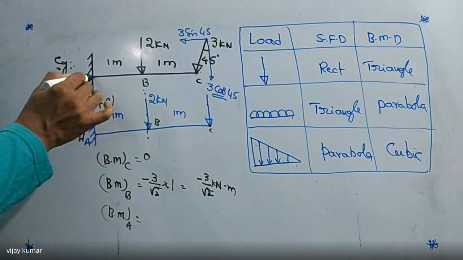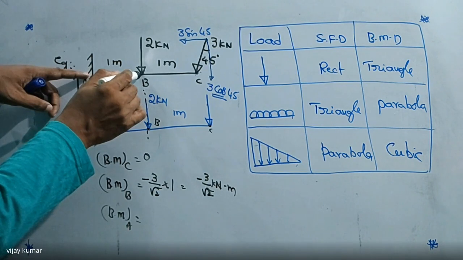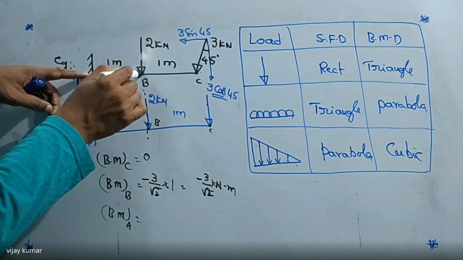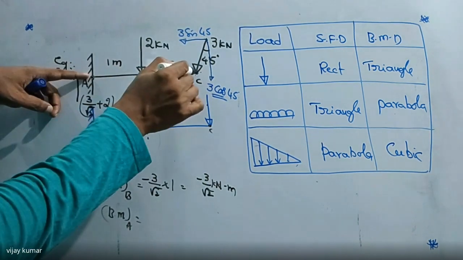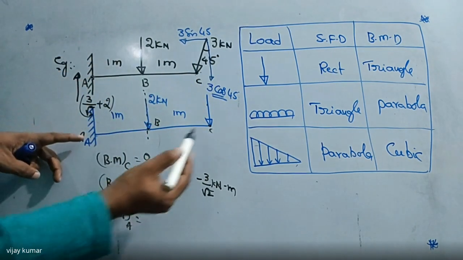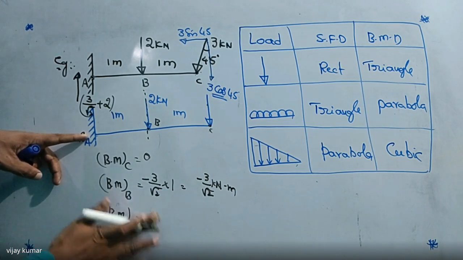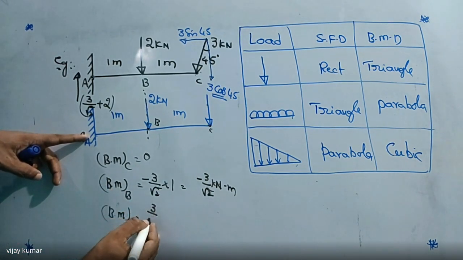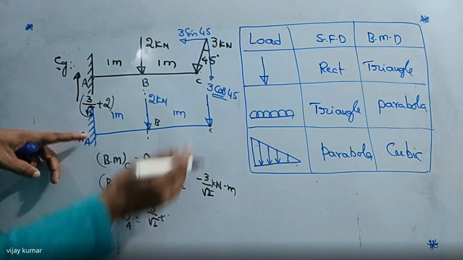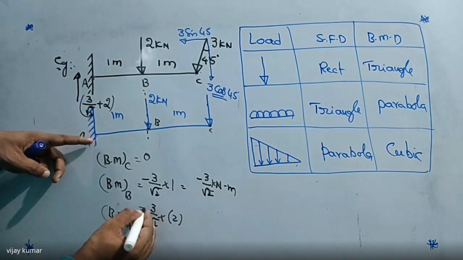Right. Now bending moment at point A. I am taking point A now. So if you take the point A, there must be a bending moment of this force with respect to this point. So this force into this distance, that is 3 by root 2 into total distance. What is the total distance? 1 plus 1, that is 2, which is negative.